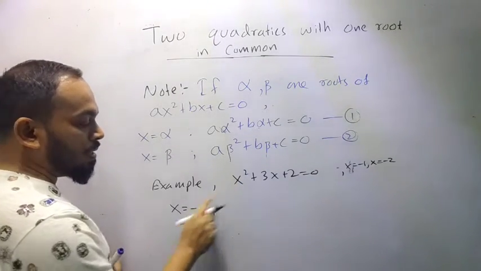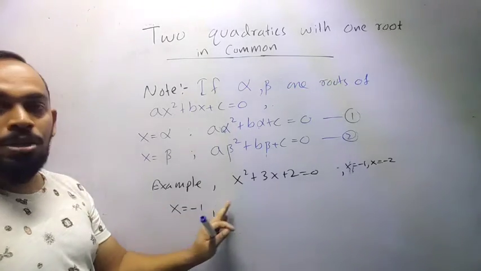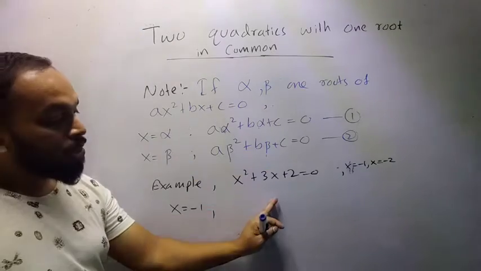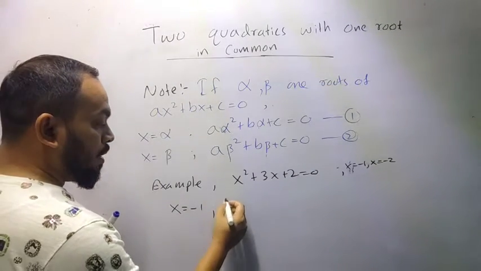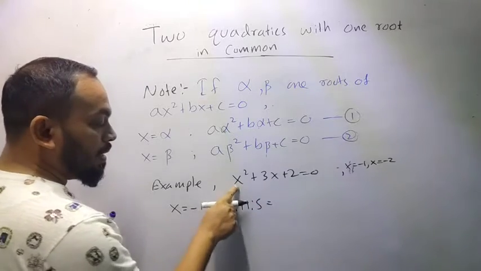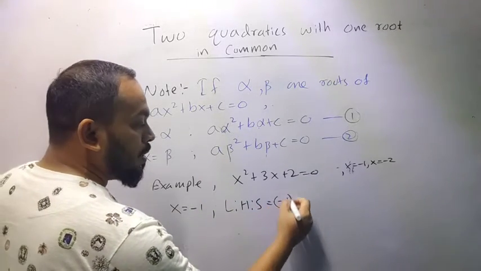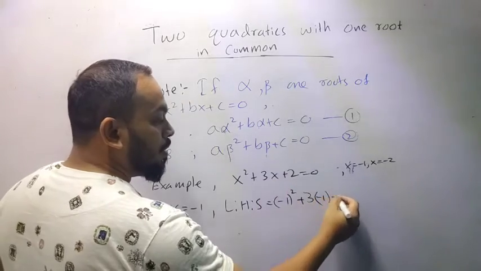We can check the left hand side and make sure that it is equal to 0. So LHS, left hand side: x replaced by minus 1, squared, plus 3 times minus 1, plus 2.